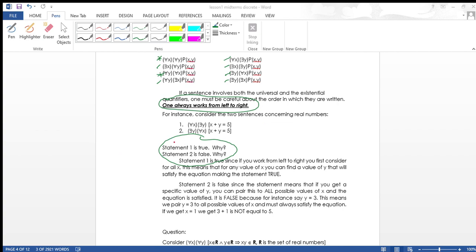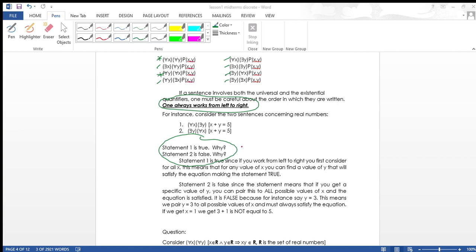Any real number. So, let's say 1, maybe you can use minus 2, maybe you can use 0. When we say real number, any number, right? So let's say you have 3 and so on.